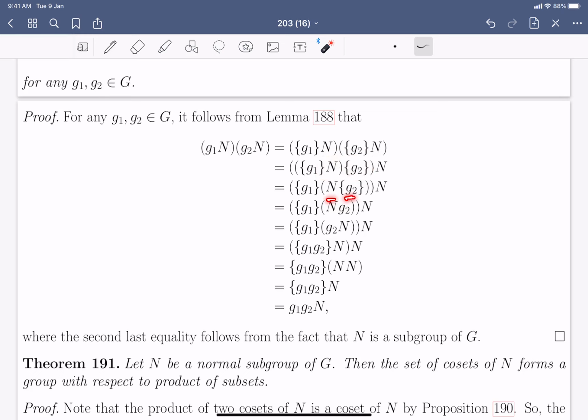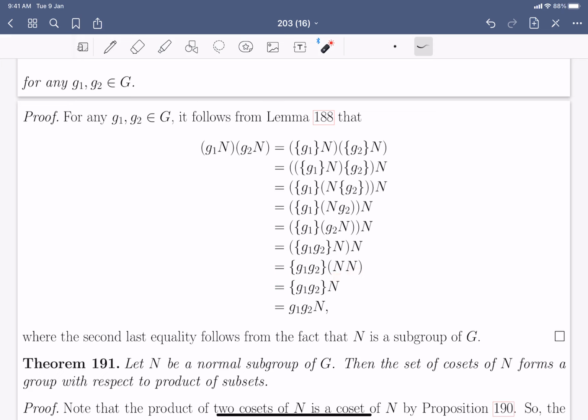So one combines N with g2, so we have g1 and then N with g2, and Ng2 is g2N by the lemma. In this, g2N is the singleton set g2 times N, and then by associativity this is the singleton set g1g2 times N times N. So you have the singleton g1g2 and then the product of N with N. We are using the associativity of product of subsets to obtain this step, and N times N is equal to N because N is a subgroup.